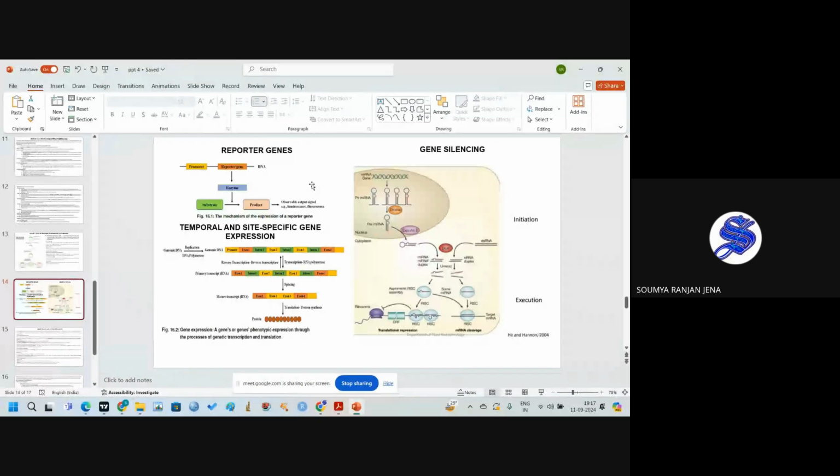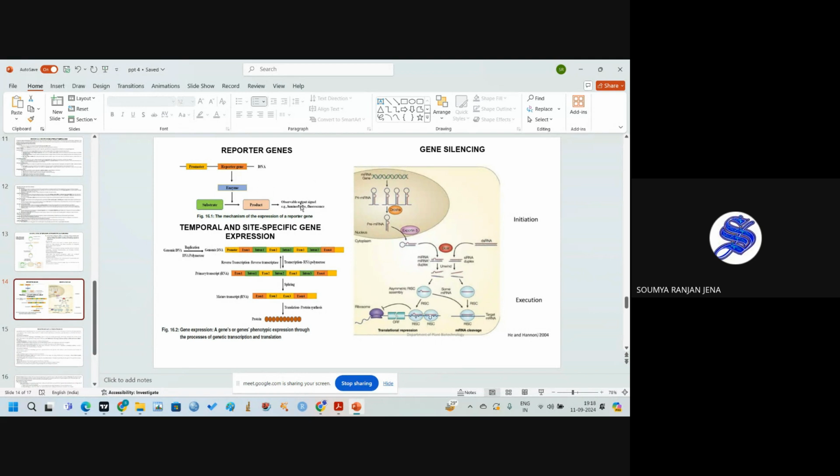Because if bacteria know that the inserted insulin gene is not required for them, they will put it into an inclusion body, and the insulin protein is not properly synthesized. So researchers put the reporter gene in a particular place before our gene is synthesized.